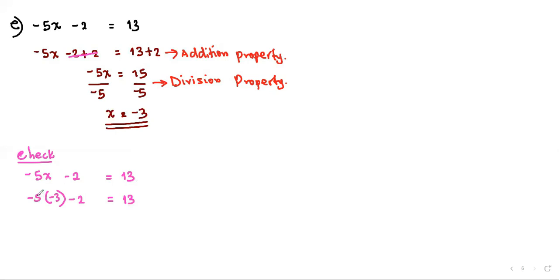So negative 5 times negative 3, we get 15. And 15 minus 2, you will see that we are getting 13 on both sides. The left-hand side is 13, even on the right-hand side is 13. So it means that our solution is correct. So we are stopping here for today.